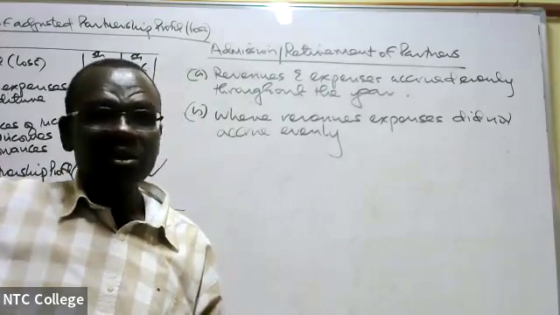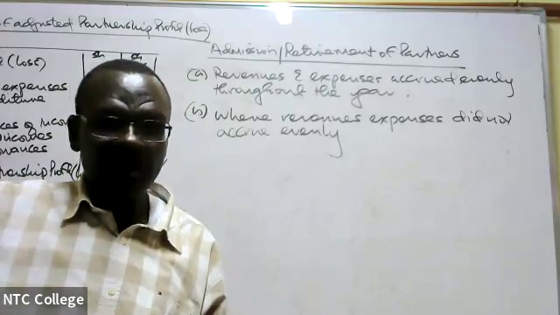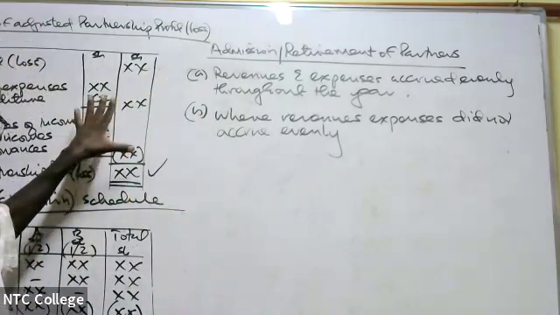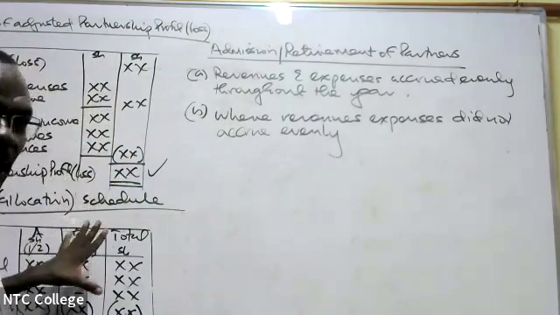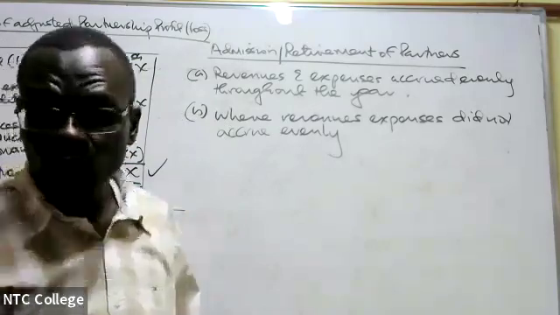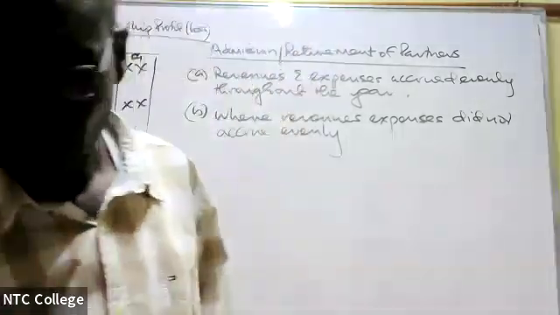So if revenues and expenses did not accrue evenly, you will split the P&L and you also apportion the distribution schedule. Those are the only two scenarios.